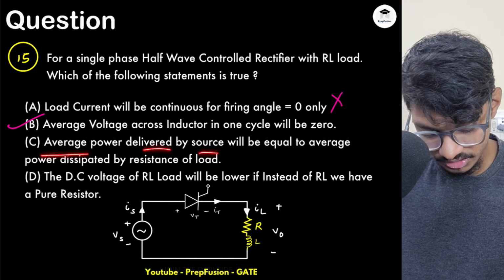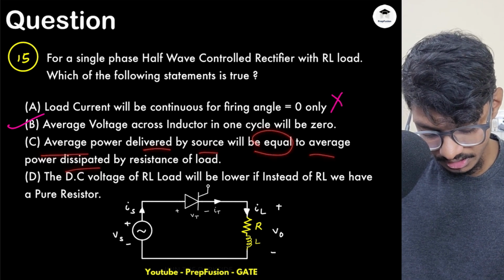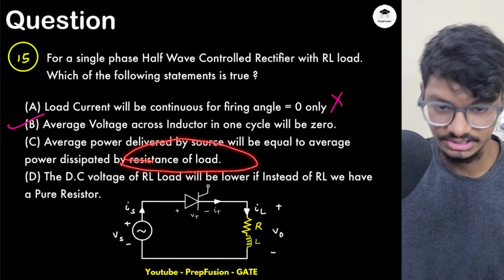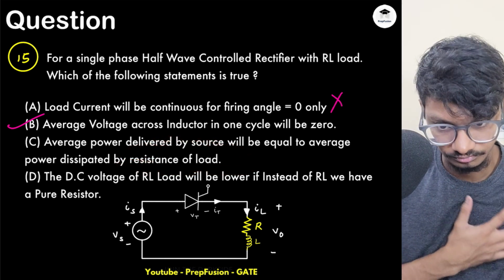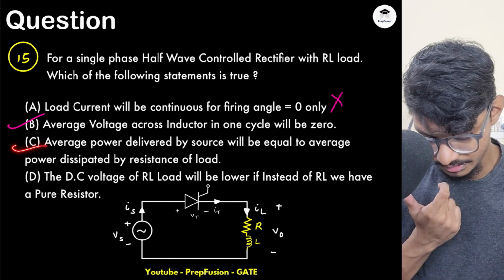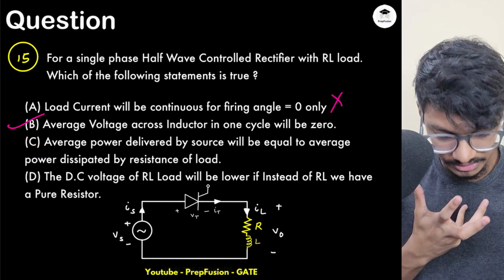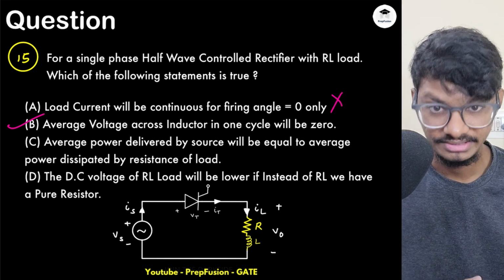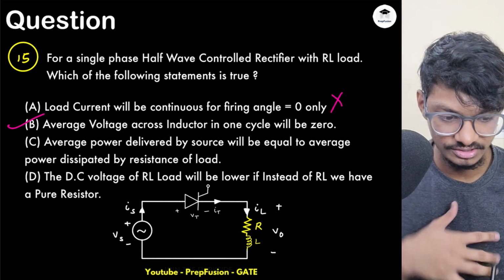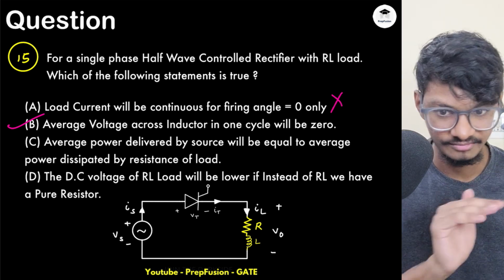Average power delivered by the source will be equal to the average power dissipated by the resistance of the load. Is this true? The problem here is that the naming of average power is a bit misleading, because generally we define average power as the overall active power.